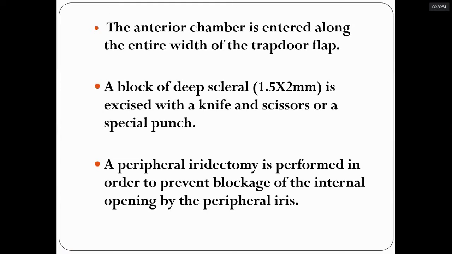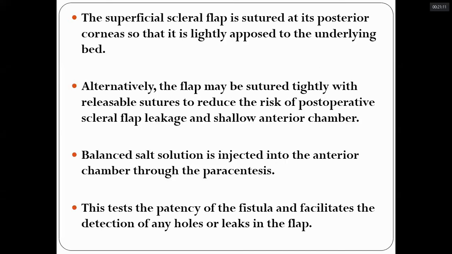So we have a punch, and depending upon the punch size we remove this block. A peripheral iridectomy is performed to prevent blockage of the internal opening by the peripheral iris. This is important.